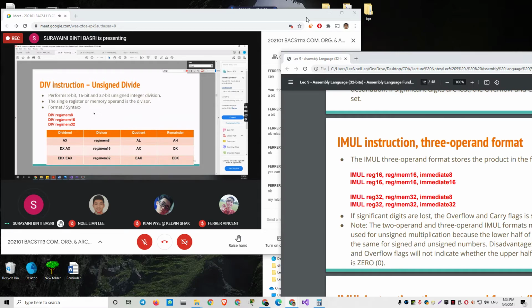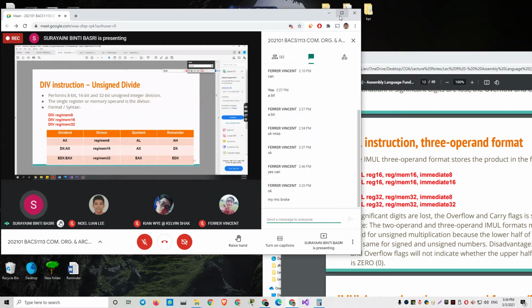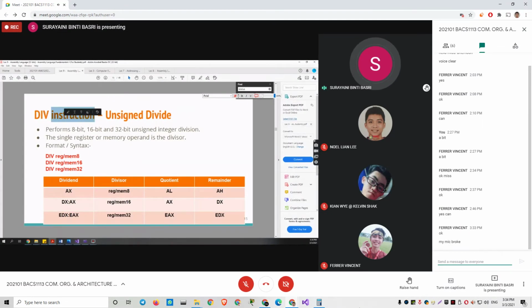So we use the div instruction to perform division for 8-bit, 16-bit, and 32-bit unsigned integer division. This div is only for up until 32-bit.